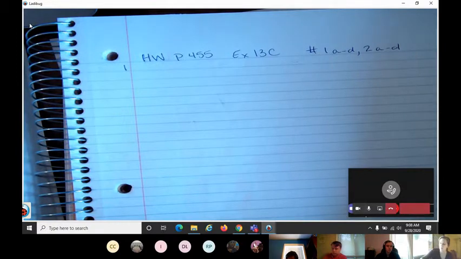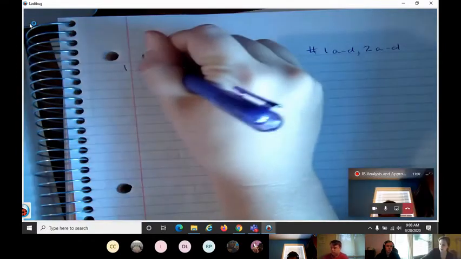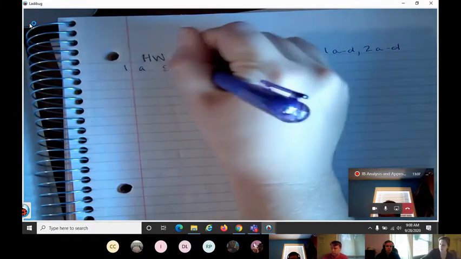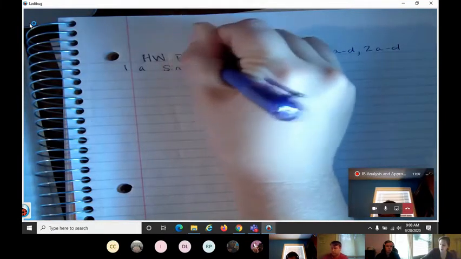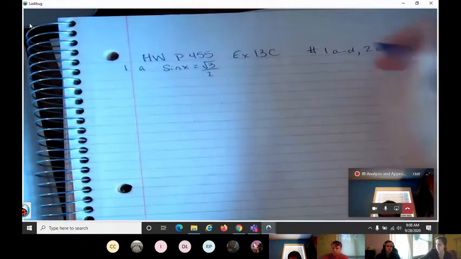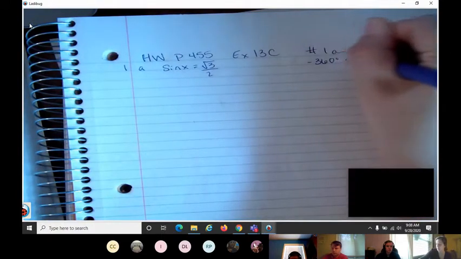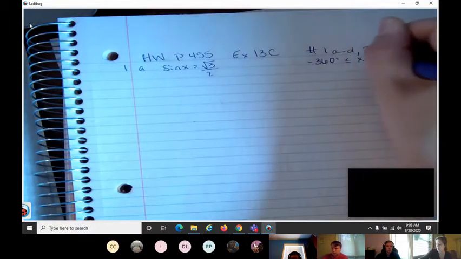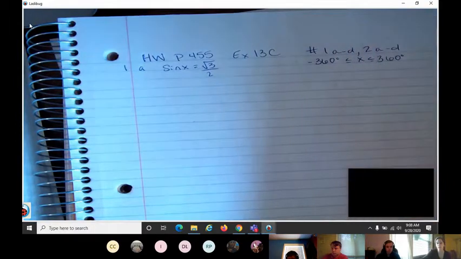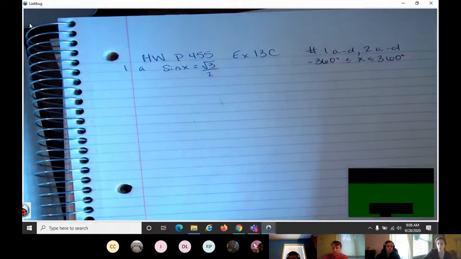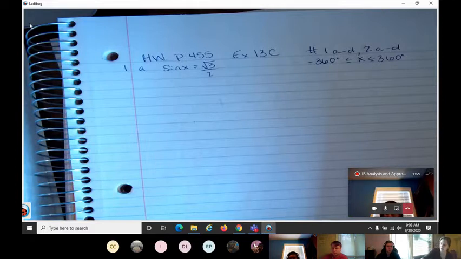Okay, so 1a, sine x equals root 3 over 2. We're solving for x on the domain from negative 360 to positive 360. Okay, so what do we do first? Basically what I did was I took the inverse sine of square root of 3 over 2.